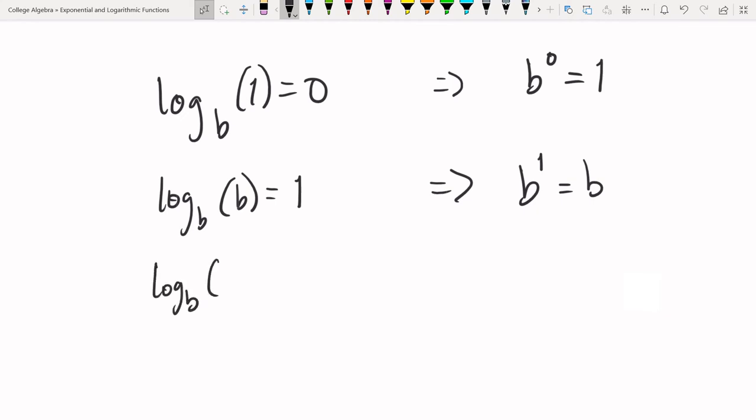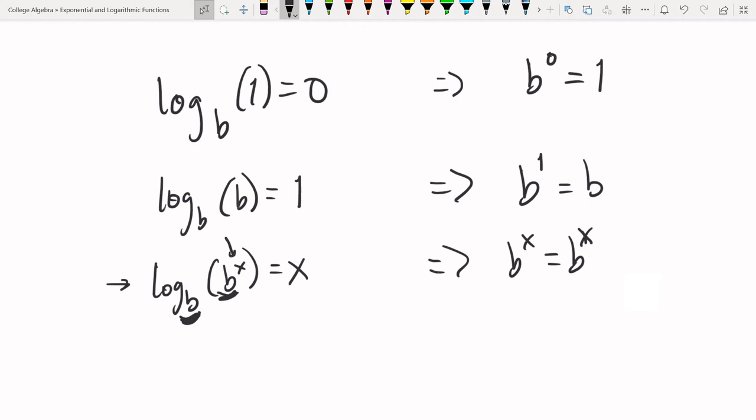Log base b of b to the x equals x. This is directly related to the fact that b to the power of x equals b to the power of x. If you just take a logarithm on both sides, that's what this statement is right here. What's important to note here is that a log with the same base as an exponent, they cancel, and you're left with just the power.